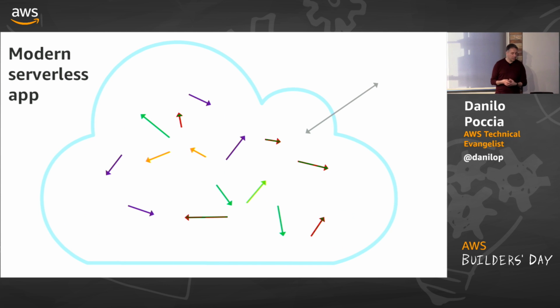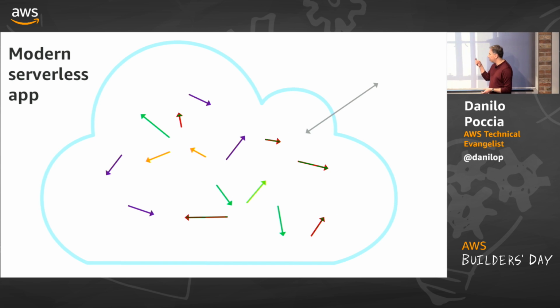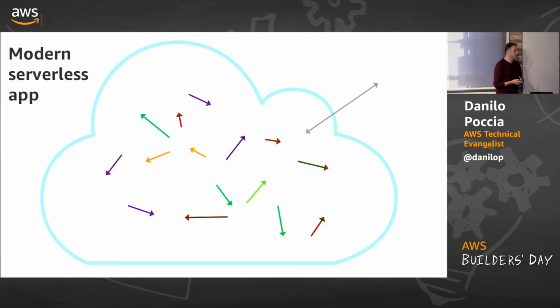So there's lots of coordination here that you need to put into your code. If a function calls that one, I need to wait for the result. What should I do if the result doesn't come in time? And normally, we saw lots of customers spending lots of time on this glue code instead of the business logic.